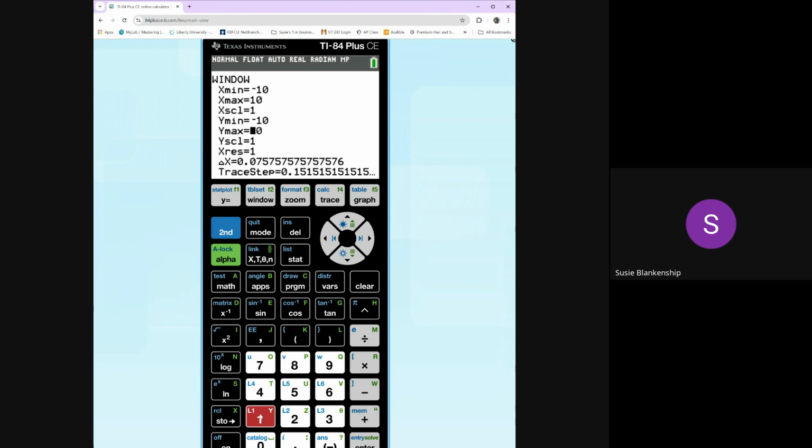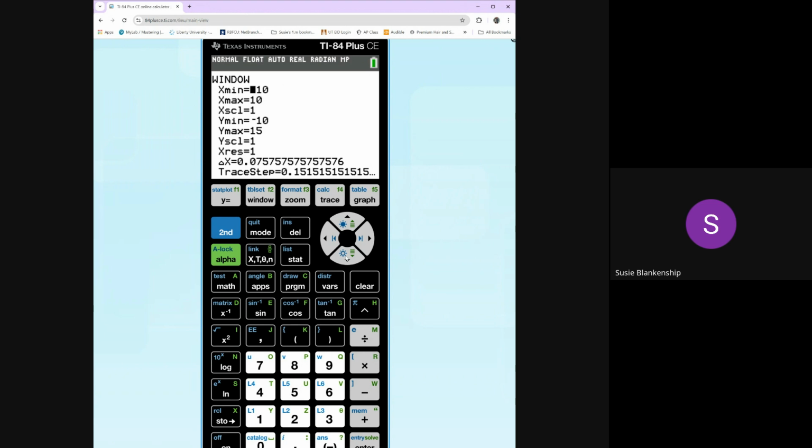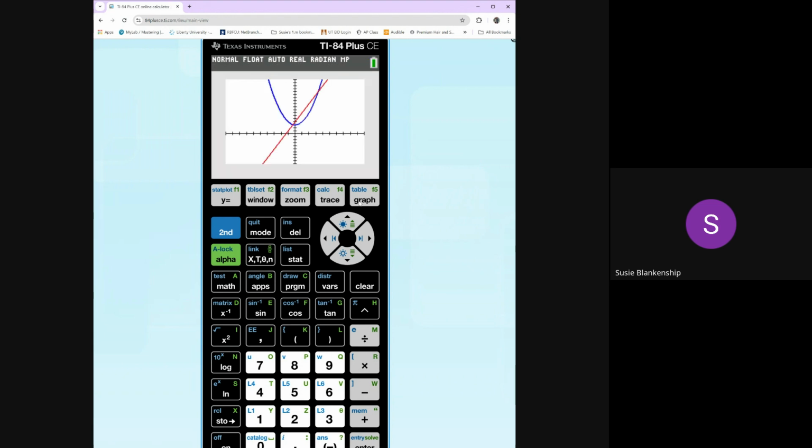I'm going to make this maybe a 15. If you want to go to 18 or 20, that's fine. But this is where it comes in that you have to know how to do a good window. Okay, so again, second trace, 5.